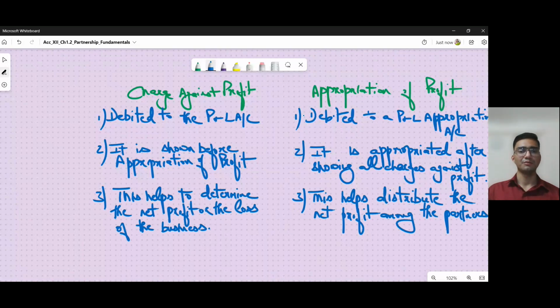Charge against profit is shown before the appropriation of profit, in our P&L account. Appropriation of profit, on the other hand, is shown after all the charges are shown against profit in our P&L account. And the last is, it helps to determine the net profit or the loss of the business. And appropriation of profit helps us distribute the net profit among the partners.